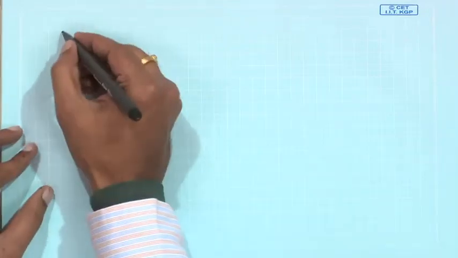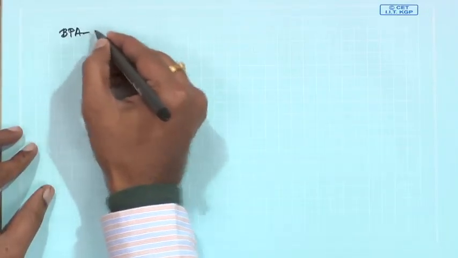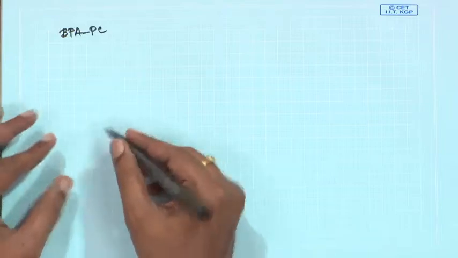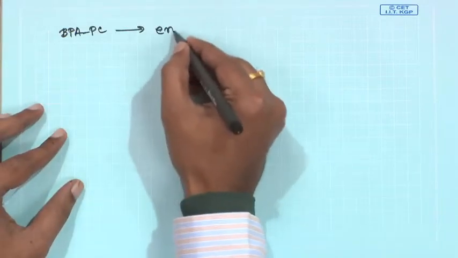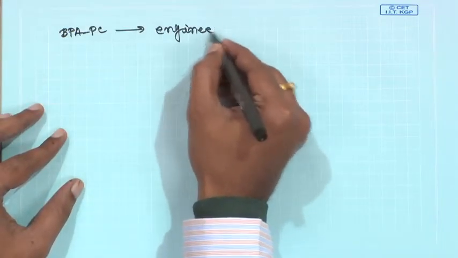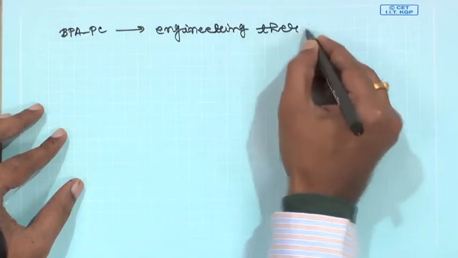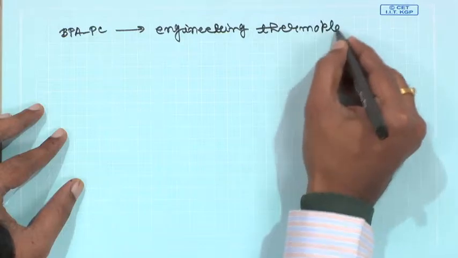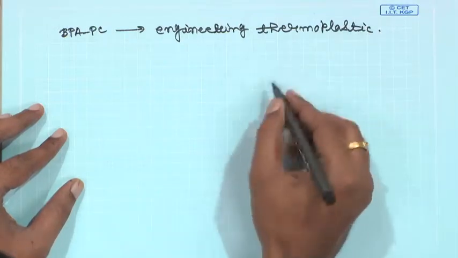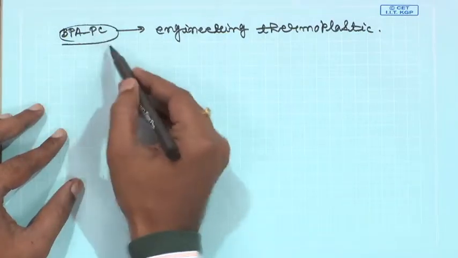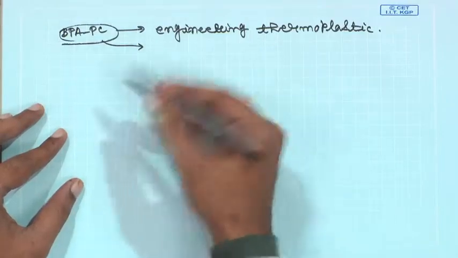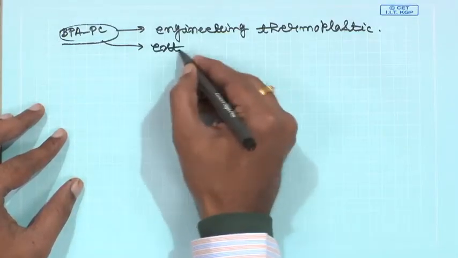So, bisphenol A polycarbonate is an engineering thermoplastic, and it has a unique combination of key properties which I have already mentioned before. So, this has extreme toughness.